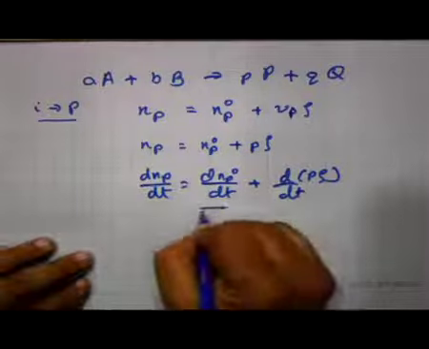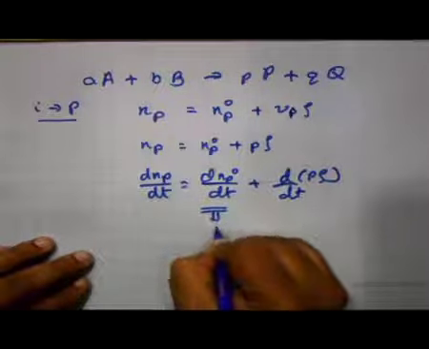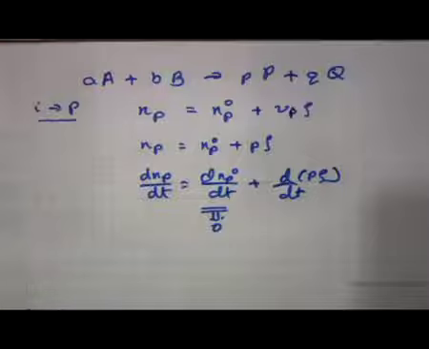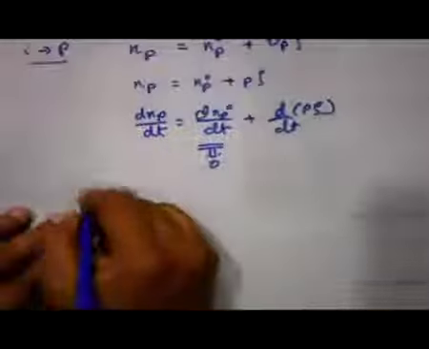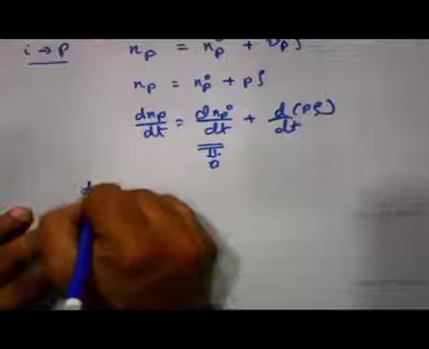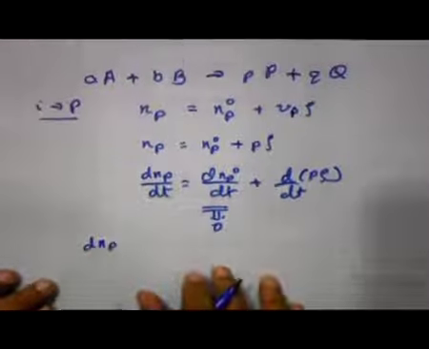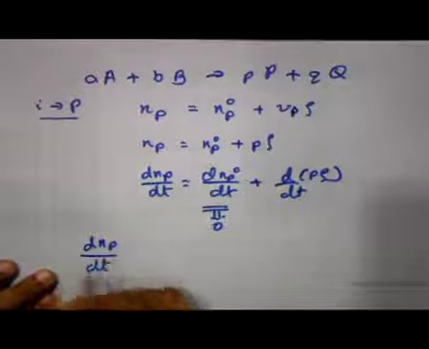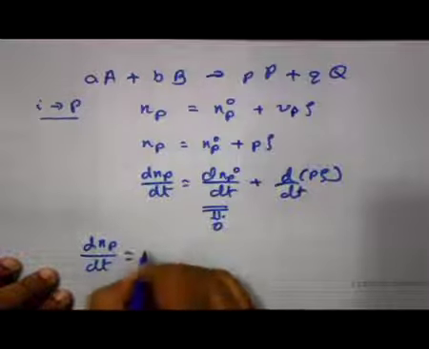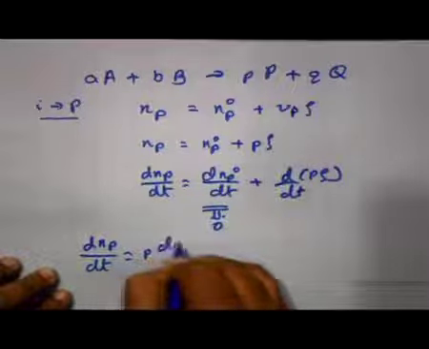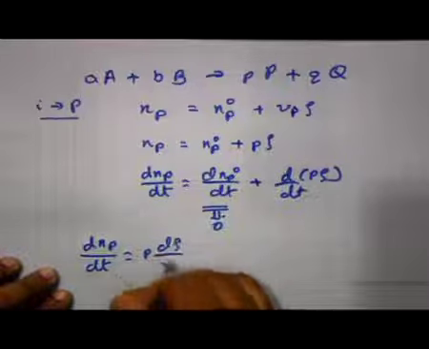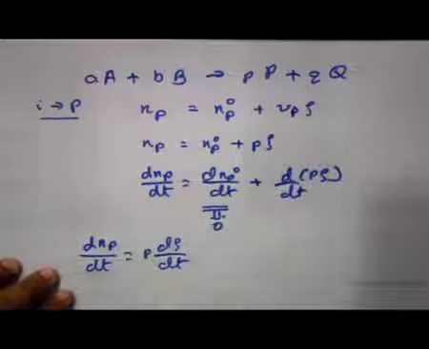Again this is equal to 0, because n_P0 being the initial number of moles of P, the product P, is a constant, you know that. So, we can write d n_P over dt is equal to P d xi over dt.